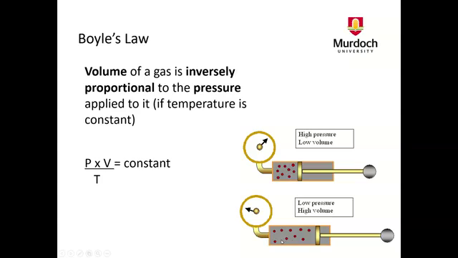The opposite is the case if I blow up a balloon, and the more I blow up the balloon, the bigger it gets, so the volume increases and the molecules spread out, and that reduces the pressure. So pressure and volume are always inversely related. If I increase one, the other one will decrease, and vice versa. That is the case if the temperature remains constant. So we'll just assume that.